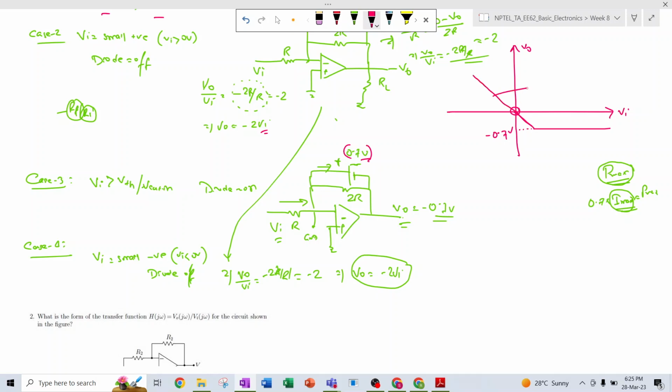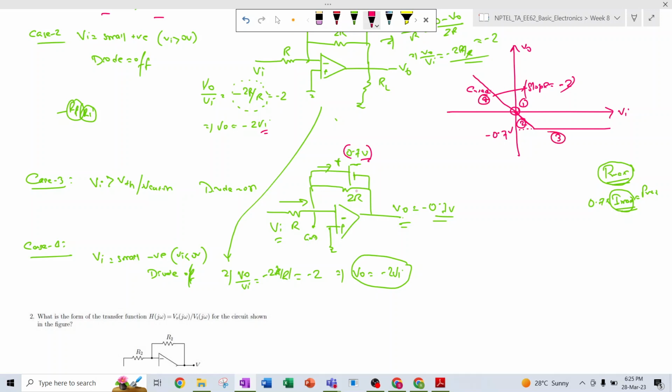So this has a slope of minus 2, right? So this is case 4. This is case 1, this is case 2, this is case 3, and this is case 4.